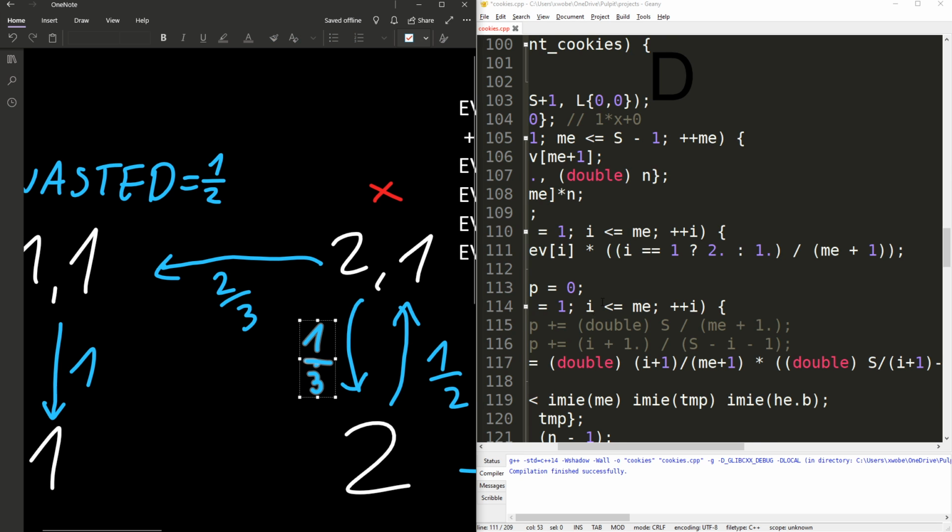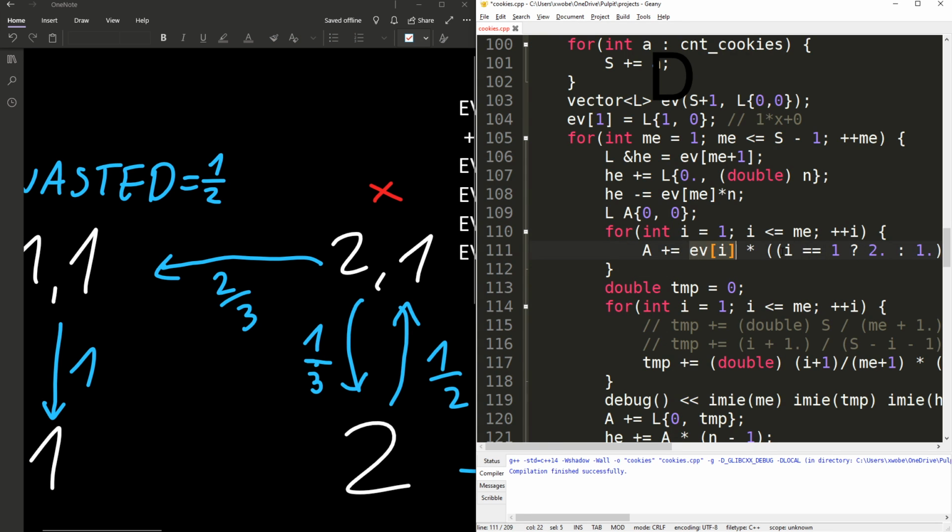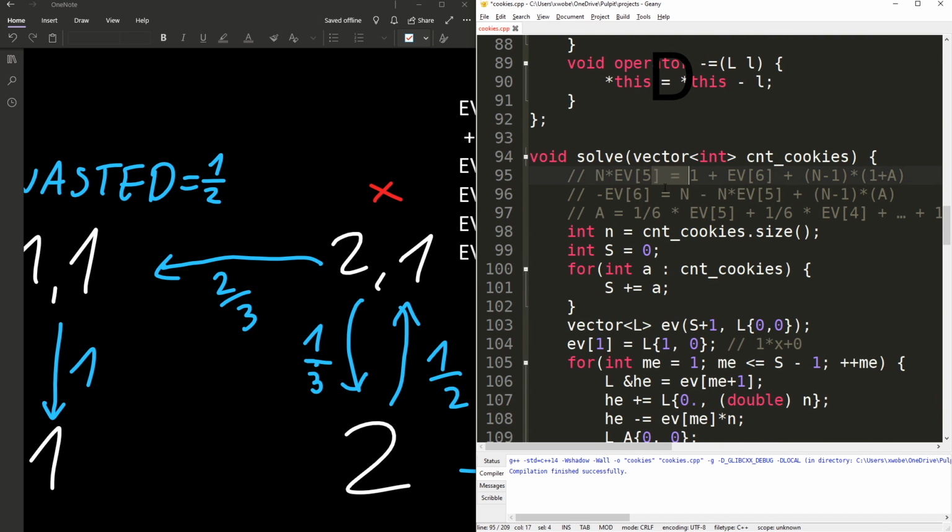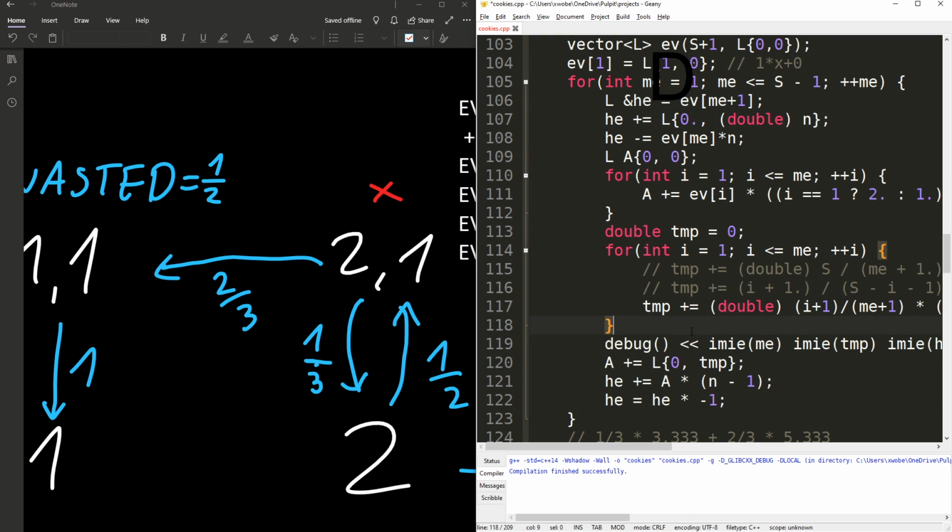This is also right. I will add EV of this with that probability. So A is that helper variable for what happens after I move up. And this happens with probability 1/2. Other than that, we have this. TMP was computed correctly. To A, I add this TMP thing. I can print A, but I don't see what it should give me.